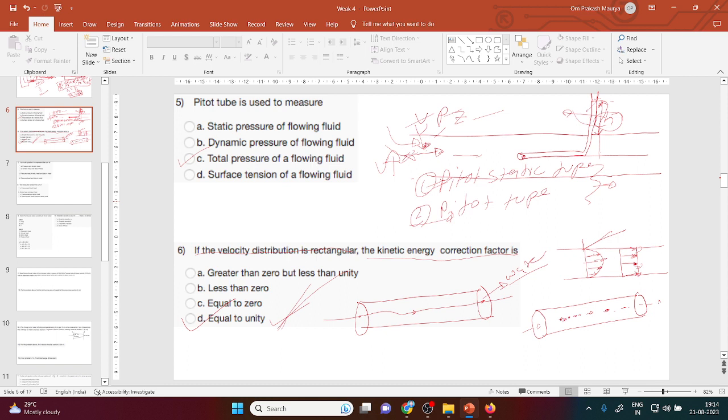For that you need some assumptions. In the case of the Bernoulli equation, your flow is inviscid. If the flow has some viscosity, then you need to solve the Navier-Stokes equation.